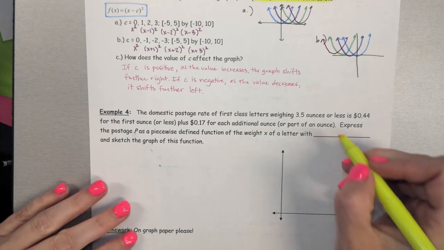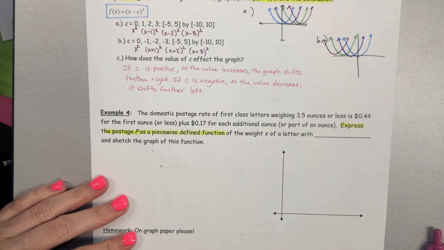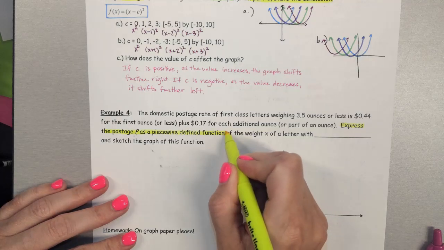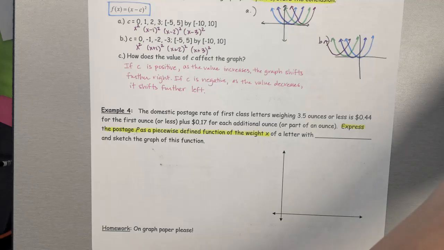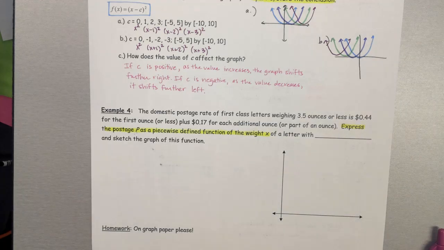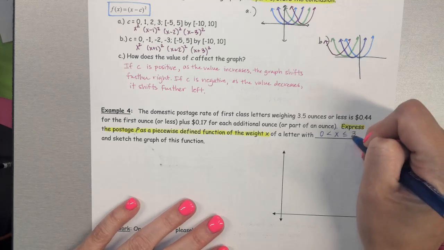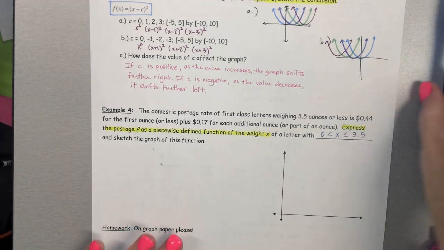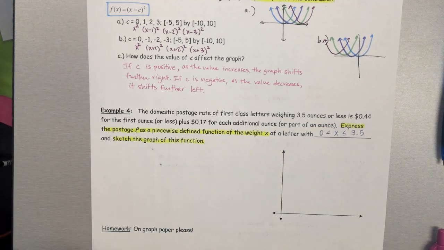We have to express the postage P as a piecewise defined function of the weight X, with 0 < X ≤ 3.5, which would be given to you in your story problem. And we are going to sketch the graph of this function.